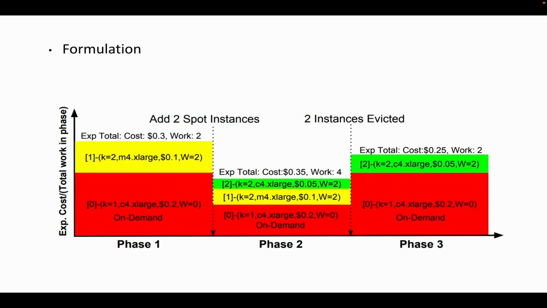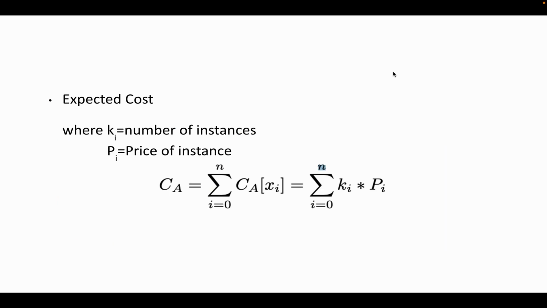It works on the concept of expected cost and expected work. At every decision point it calculates the total expected cost and total expected work. Here in this slide we have the formula for the total expected cost.